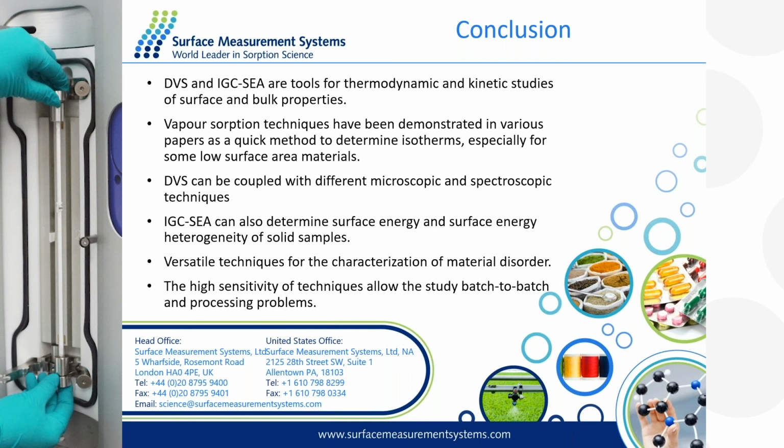Another question is from Musab. Would you explain more on how humidity increases the surface energy in IGC measurements? Well, it also depends on the sample. For some hydrophilic samples, humidity will have a large impact on surface properties like surface area or surface energy.